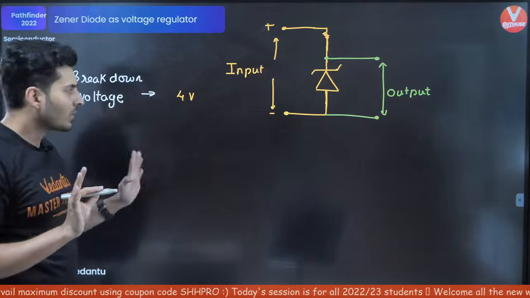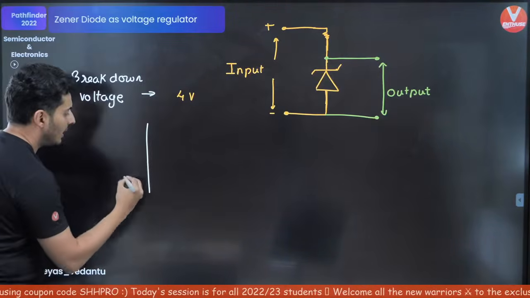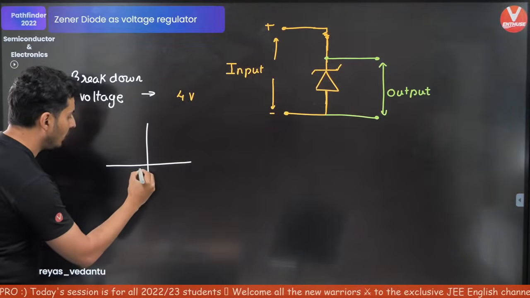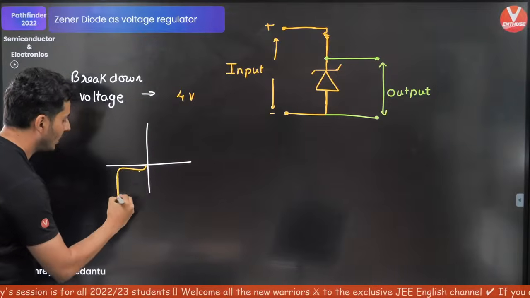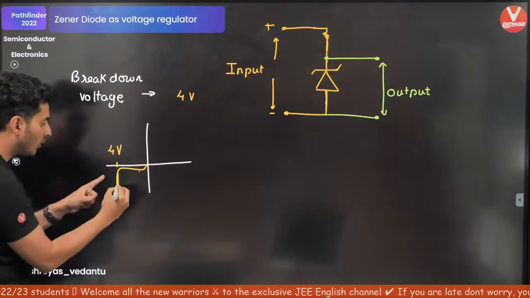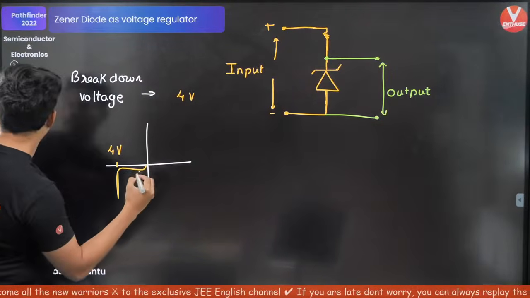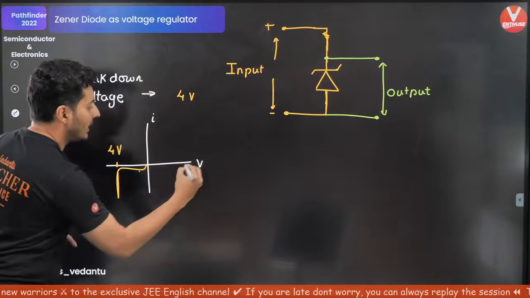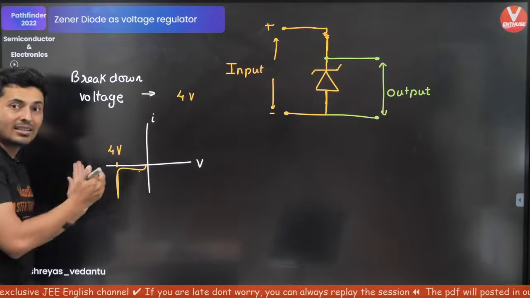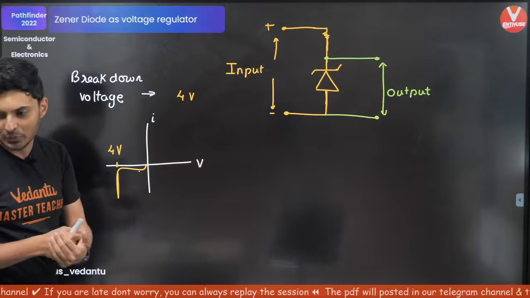That means in this current versus voltage graph, no matter what you try to do, the voltage remains fixed at 4 volts in the reverse bias mode. After the breakdown occurs, the voltage does not exceed 4 volts in the reverse bias.